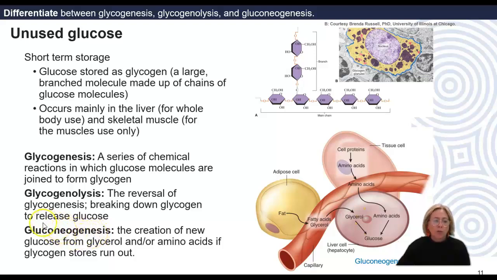Gluconeogenesis, so new glucose formation, is the creation of new glucose from glycerol or amino acids if glycogen stores run out, to form glucose. And this, of course, is also occurring in hepatocytes.